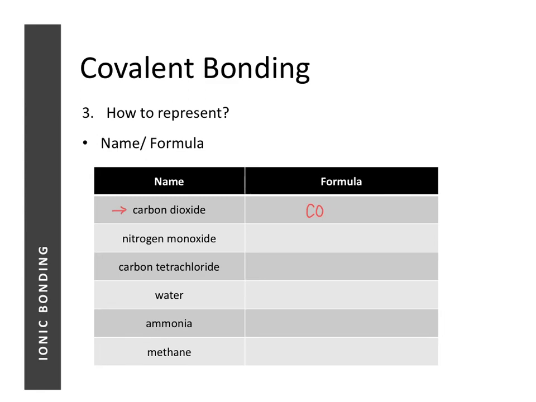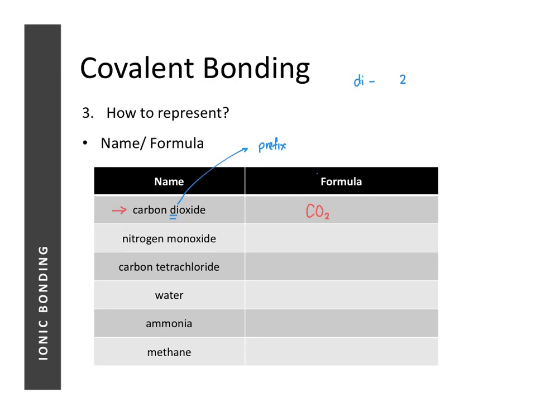In the name of the covalent compounds, very often you will see prefixes. The prefixes will actually tell us the number of atoms of that element. The prefix di means two, so dioxide means you have two oxygen.